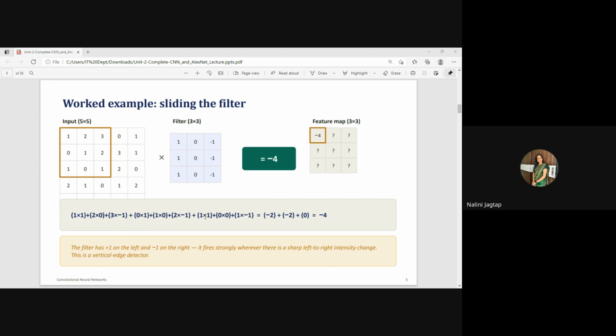In other words, this specific filter is a vertical edge detector. This is the concrete meaning behind the phrase that a filter learns a pattern, which you will hear constantly in deep learning. During training, the network doesn't get handed a hard-coded edge detector like this one.